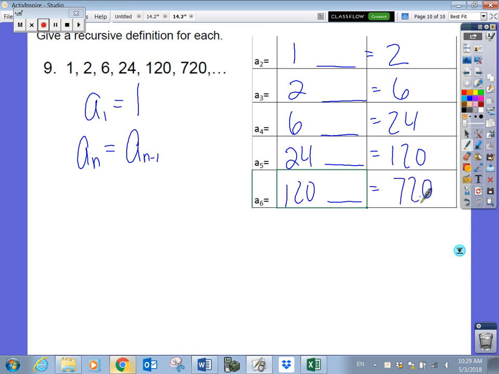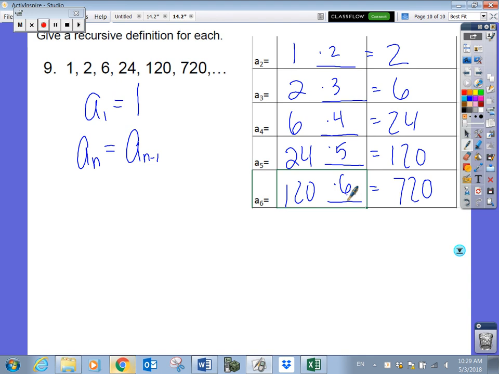If you already know, terrific. If you don't, here, I could add 1 and add 4, add 18, but that doesn't really give me any kind of pattern. So if I multiply by 2, multiply by 3, multiply by 4, times 5, times 6, notice those are 1 away.